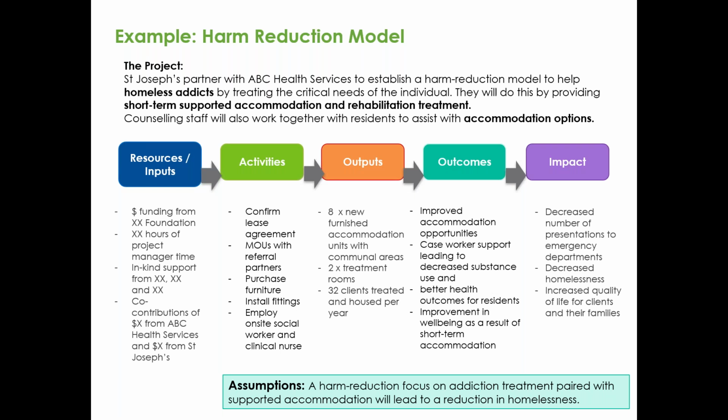We're going to have a caseworker leading the work to decrease substance use. We're going to have better health outcomes for residents, and we'll have an improvement in wellbeing as a result of the short-term accommodation. Then what would the likely impact look like?